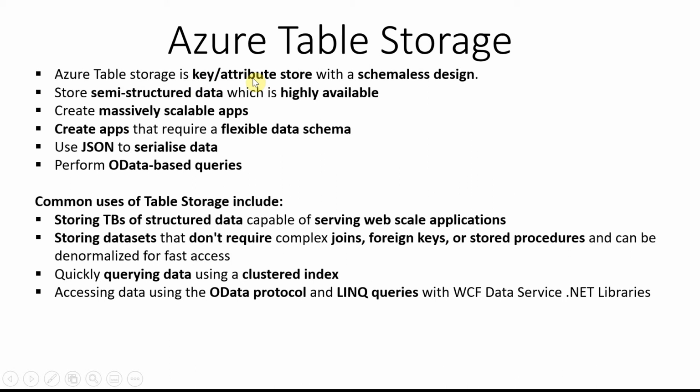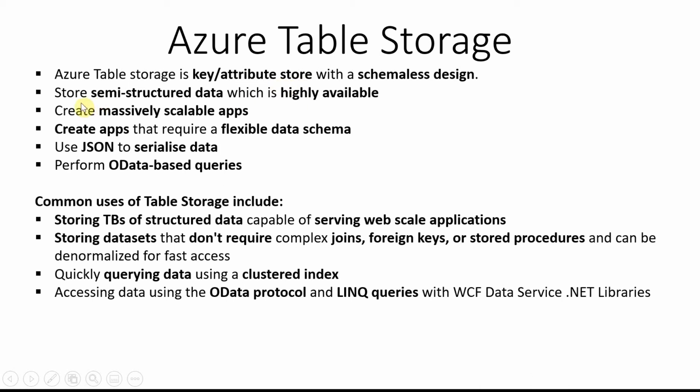The attribute can be a JSON, another JSON, a string, or semi JSON. It could be anything, so there's no structure for it. That's why it's called schemaless. So it is a schemaless design and key attribute storage option in the cloud.